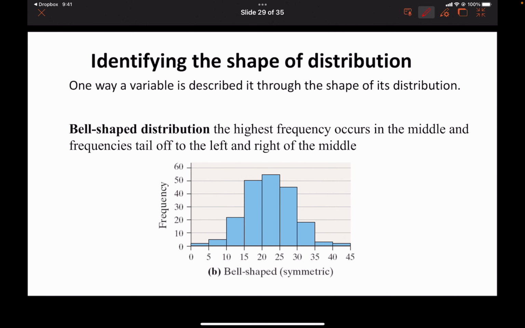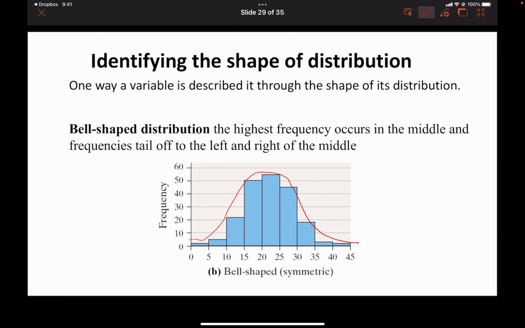Next we have a bell-shaped. The bell-shaped curve is something we're going to be dealing with a lot. We will be dealing with this from now until the end of this term. So our bell-shaped distribution, the highest frequency is in the middle, and then they tail off to the left and right. So if I drew a nice little curve over there, it's kind of shaped like a bell.